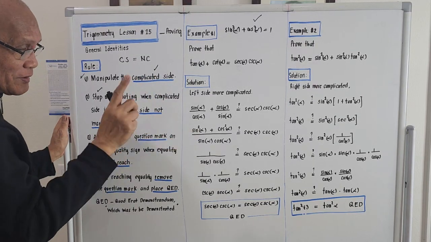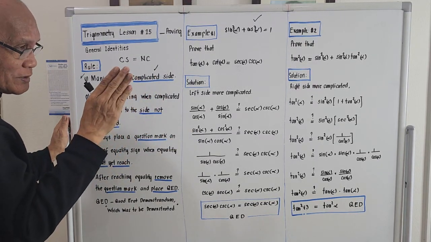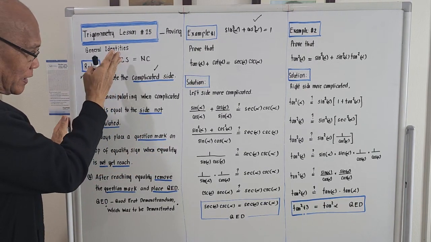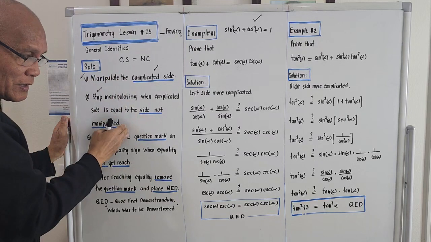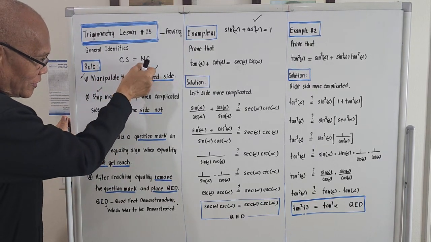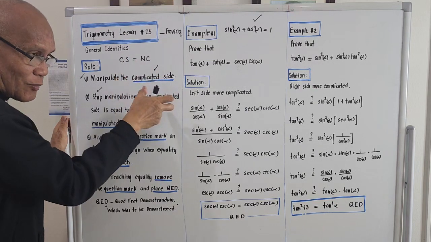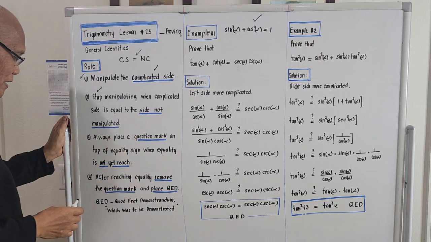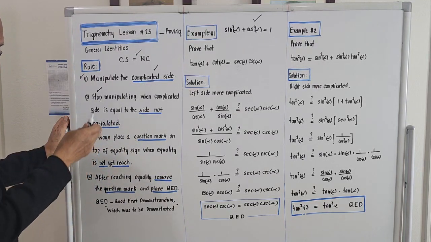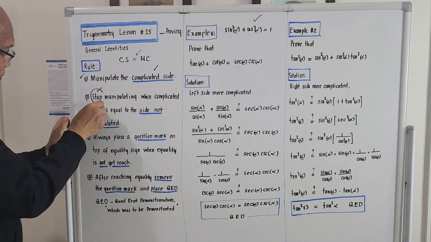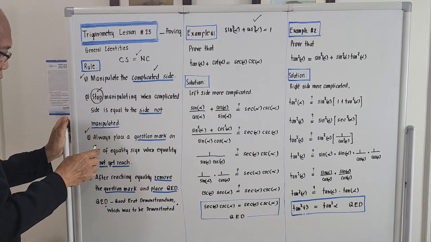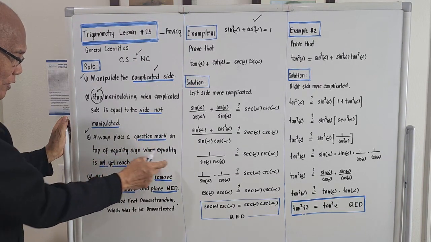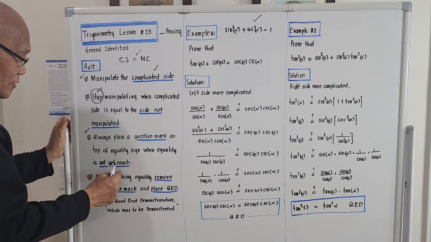So number 1 step, determine which side is the complicated one. Try to make manipulations on the complicated side. And after so many steps, if the complicated side is now equal to the not complicated side, we have proved already the identity. And as an additional thing, before going to the stopping process, number 3, always place a question mark on top of the equality sign when the equality is not yet reached.